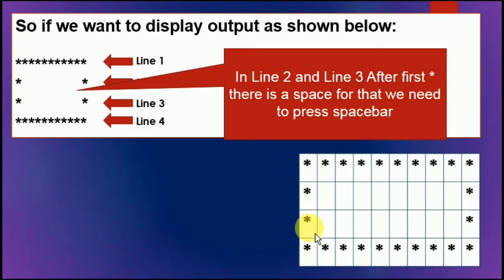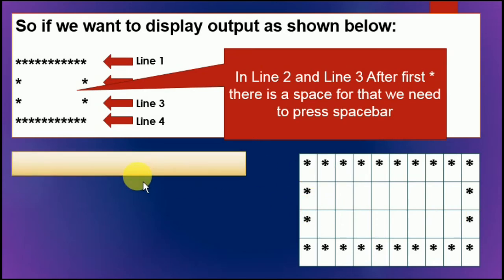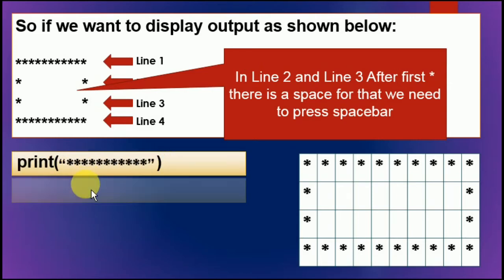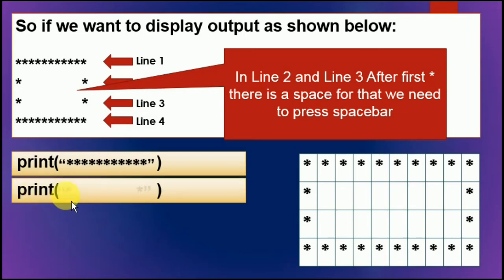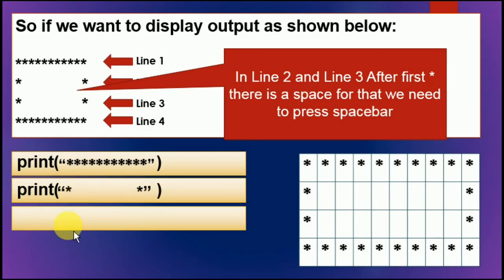In the same way in the third line also, you put the first star, then 1 2 3 4 5 6 7 8 spaces. That means 8 times you press the space bar, and then the star sign again. So when you put these lines inside the print, it will display like this: print first line, 10 stars in double quotes, then second line print first star, then you press the space bar 8 times and put the star.